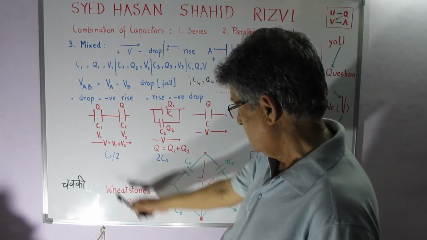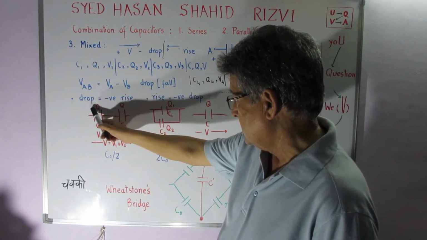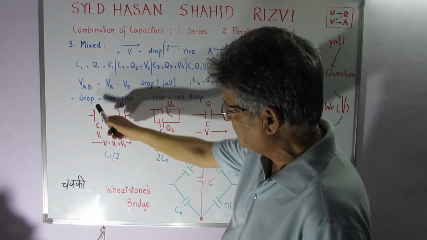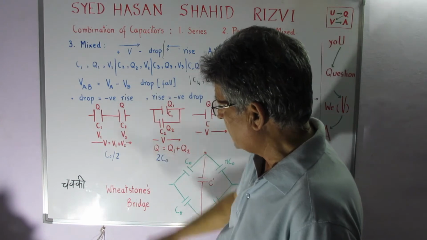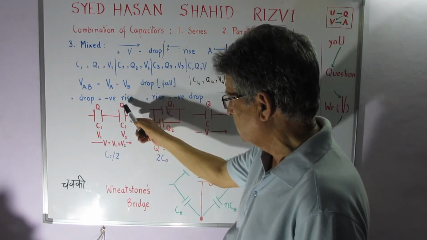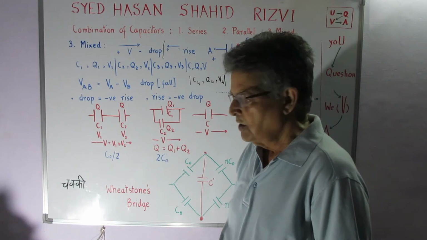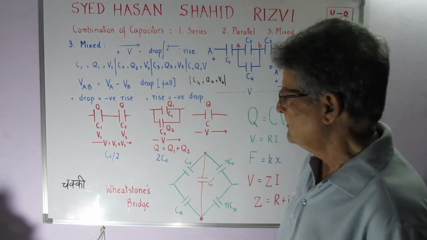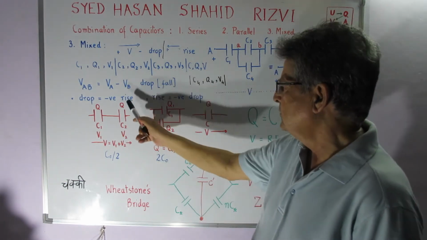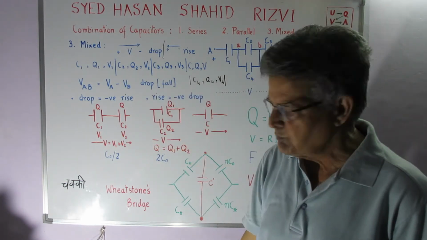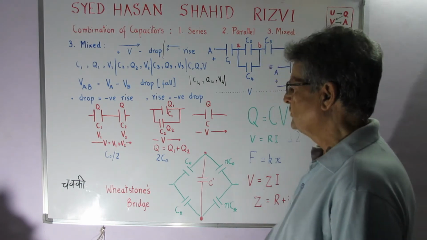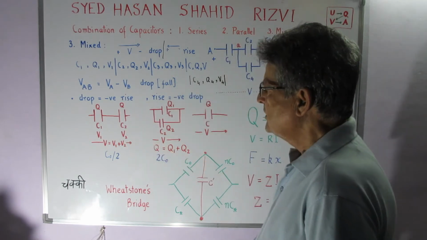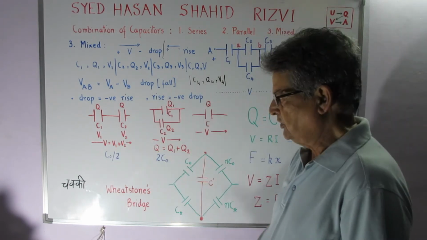But the first plate that we encounter over here, inside of it plus Q, inside of this one minus Q, inside of this plus Q, inside of this minus Q. So in that series combination, for two capacitors or any number, the charge will remain the same. But the potential differences will add up to give the total potential difference.